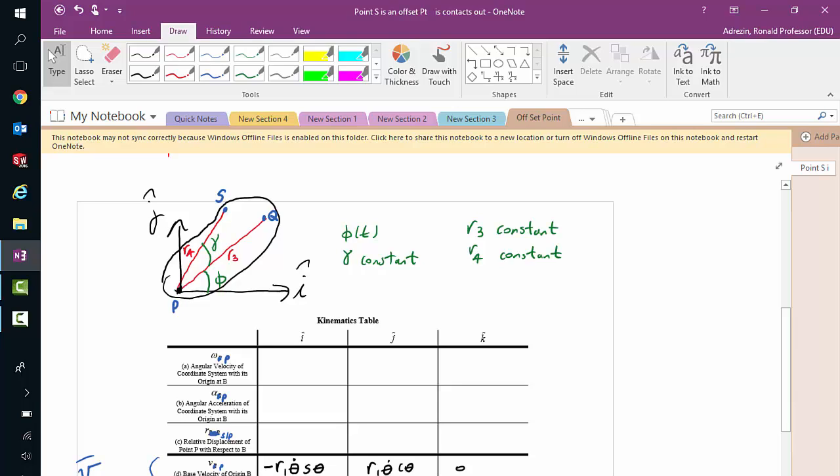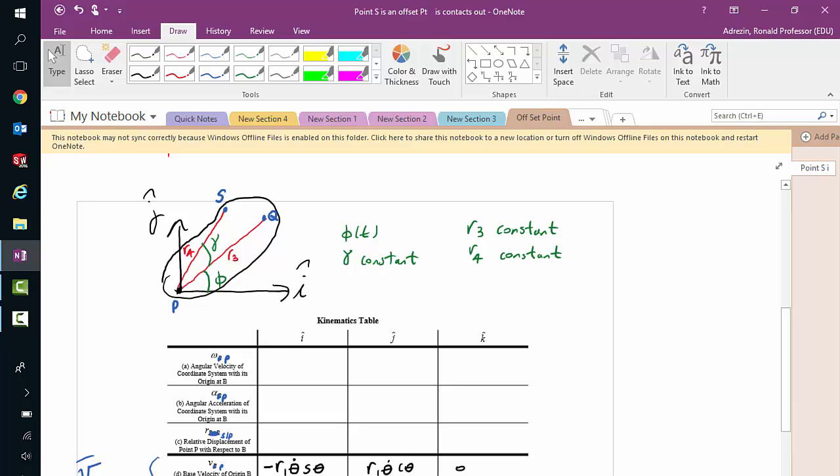So if you remember back when we introduced it, what did we say? Focus on the link you care about, you draw right on the table. What do I care about? I have this link from P to Q that also has that point S on it.